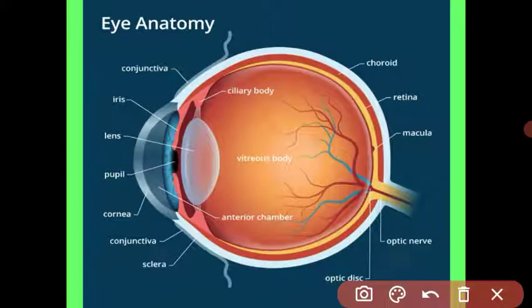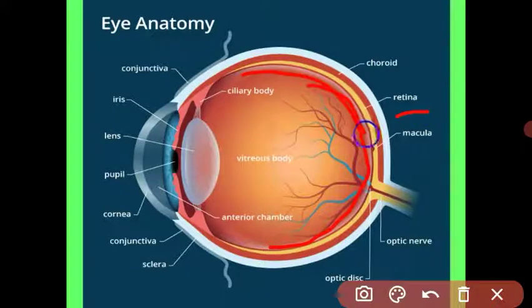Got it? The next part is called the ciliary body. This is the muscular fiber. And this thread-like part is called the suspensory ligament. What is the function of the suspensory ligament? It adjusts the size of the lens. Got it? The innermost layer is called the retina.